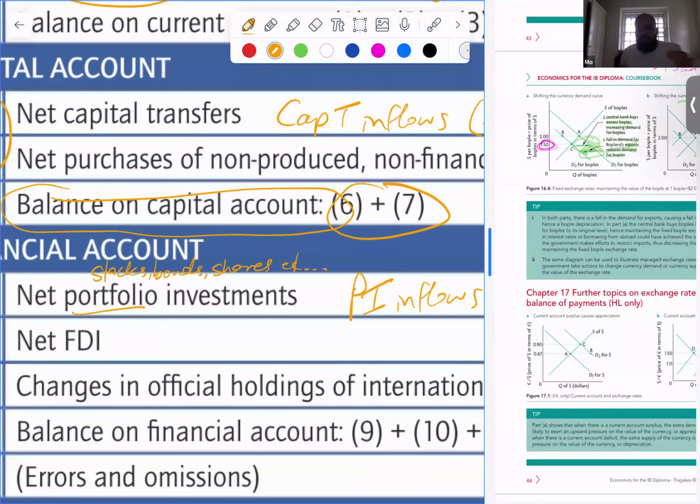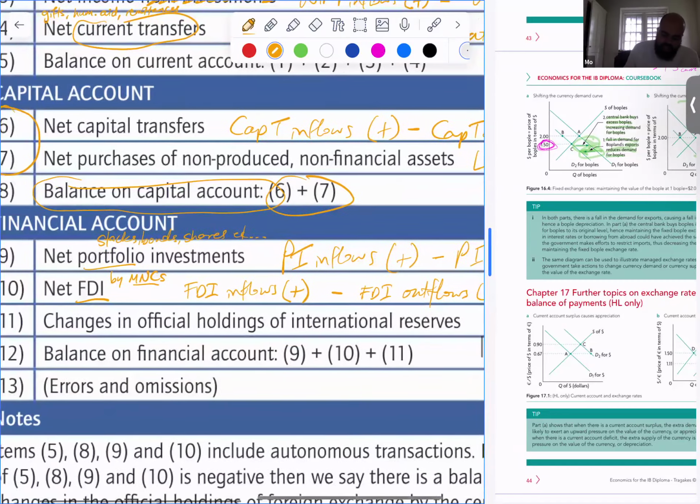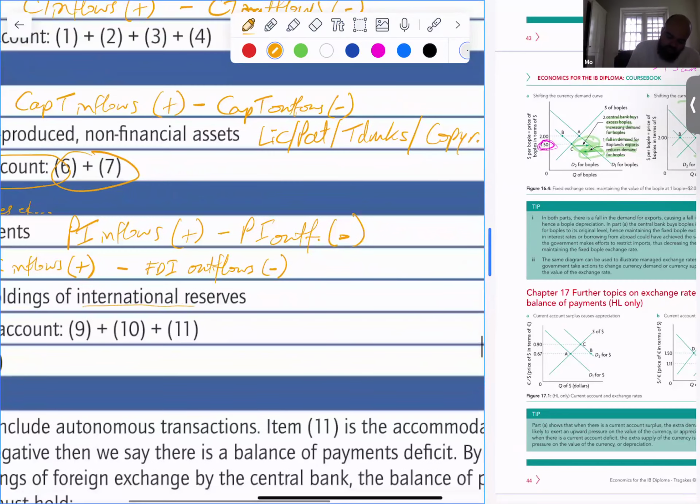It's invisible investment. You can't see it. Okay. FDI is visible investment. So this is investment by multinational corporations, MNCs. FDI inflows are the credit minus FDI outflows are the debit. All right, changes in the official holdings of international reserves.